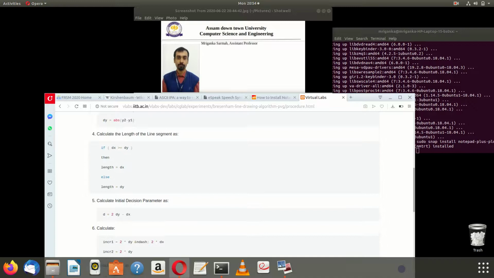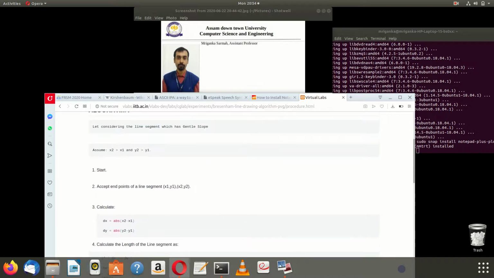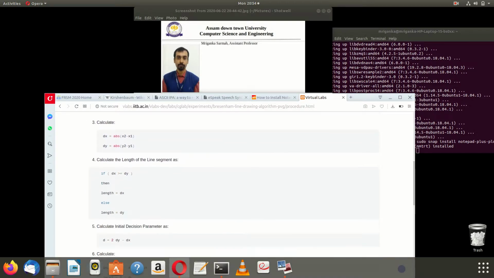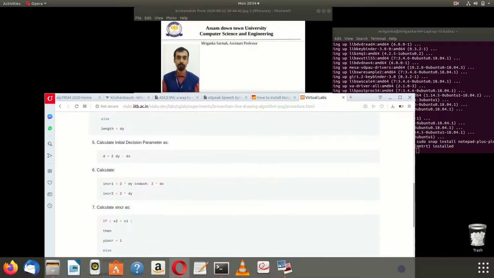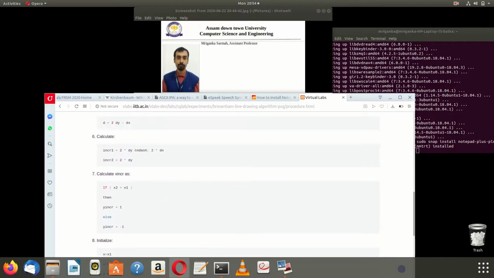In this case we will observe situations where an error value is going to be determined, and that particular error value will determine the closeness or the proximity, how much near one particular point is to the next point.